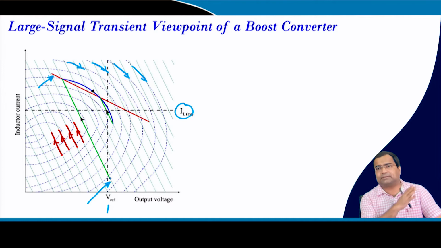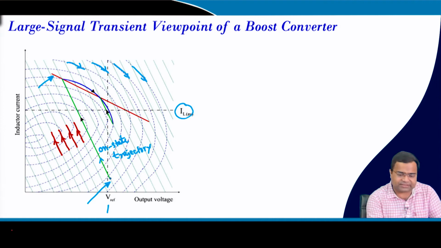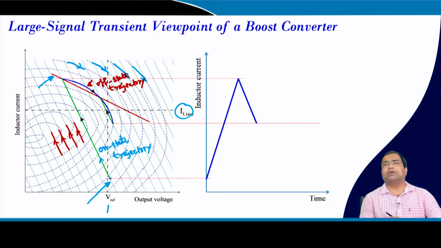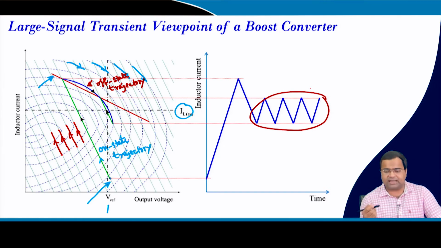If we set the surface slope in such a way that when the initial condition starts, the on state trajectory, and then the off state trajectory, hit in such a way that it reaches the steady state point, in one switching action it goes back to steady state, and these are the steady state switching operations, right.